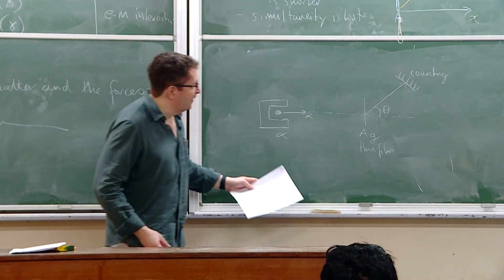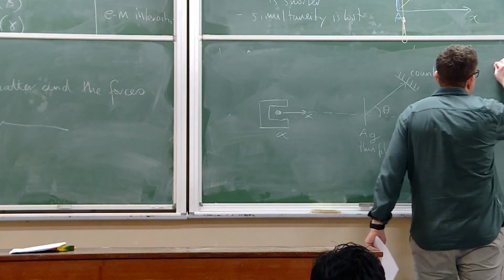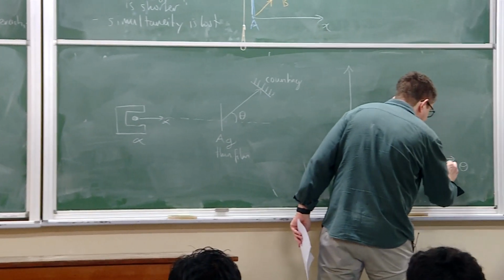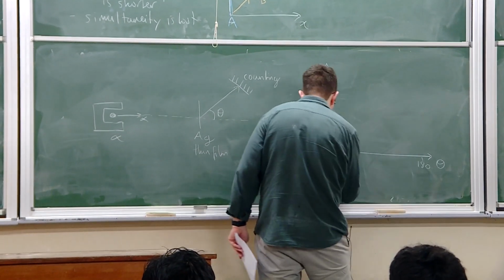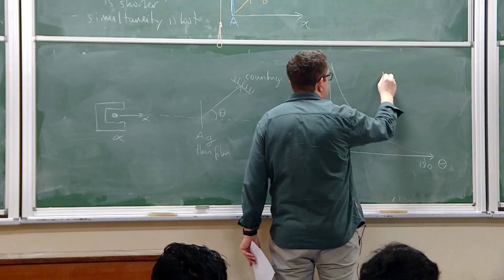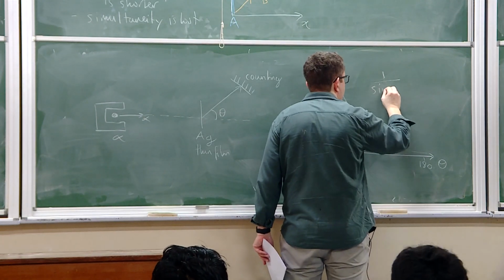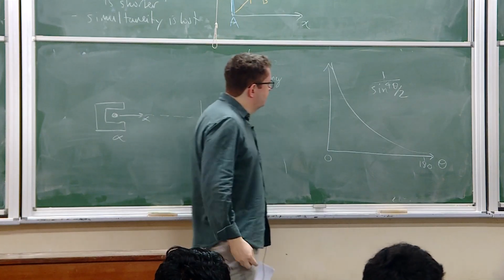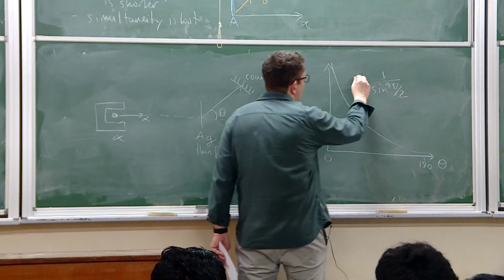So what was surprising about this is then if you plotted the distribution, it was very steeply falling. It had this distribution, proportional to this.